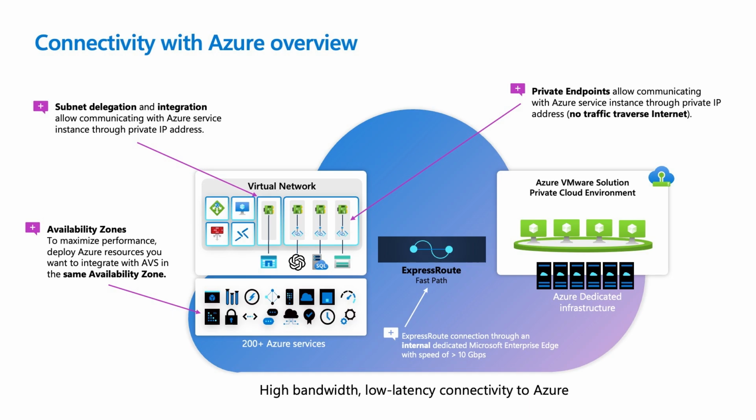So how you do that specifically, if we start on the right-hand side, there's the Azure VMware Solution private cloud environment. And every AVS environment comes with an ExpressRoute that we manage. It's part of the solution. And that is how you connect into the rest of Azure so that you can take advantage of some of these services that we're describing. Now, you may not take advantage of these services.